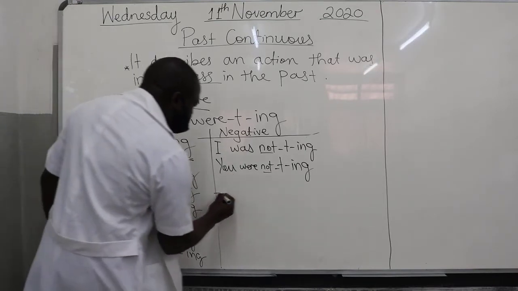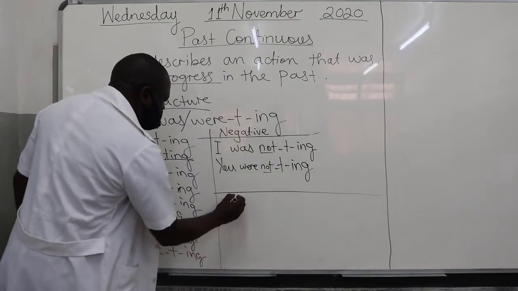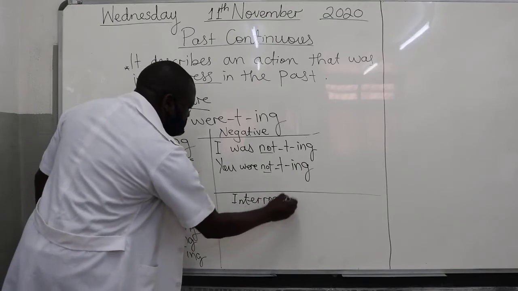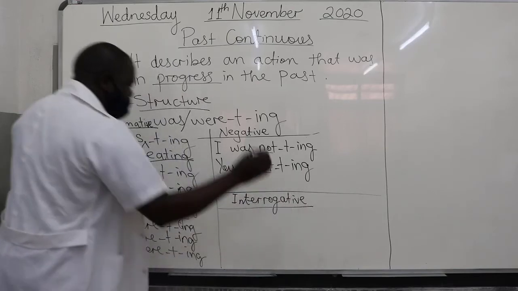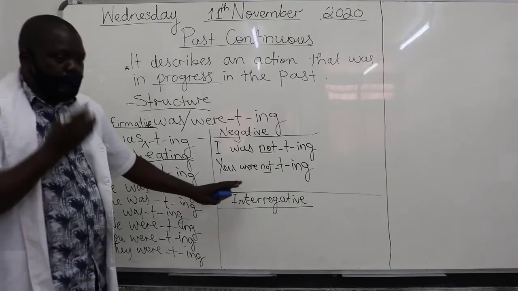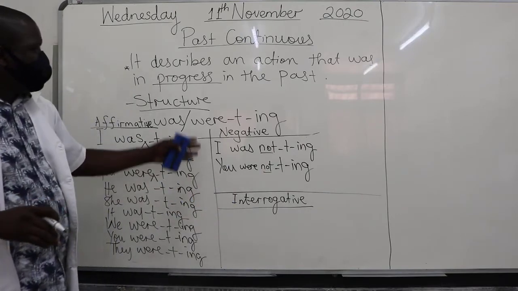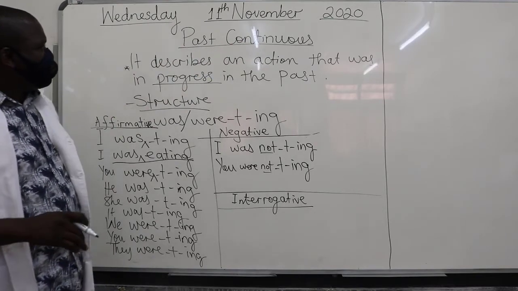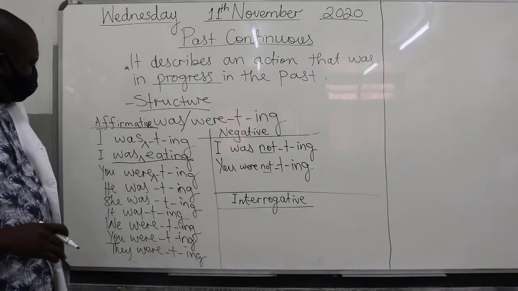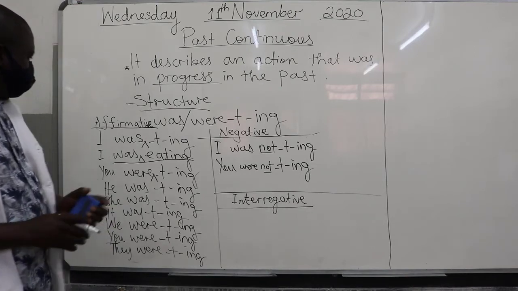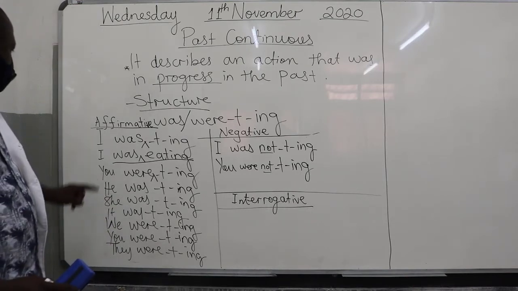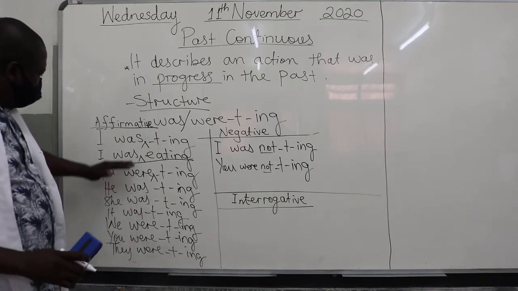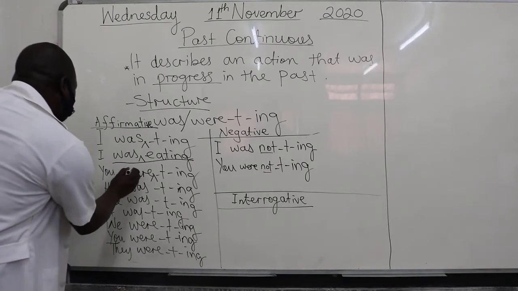Let us now look at the interrogative form. Now we need to know how to make questions using the past continuous tense. How do we go about this? It is simple. What is here in the affirmative form, we simply have to change.